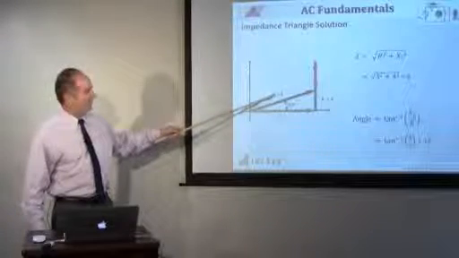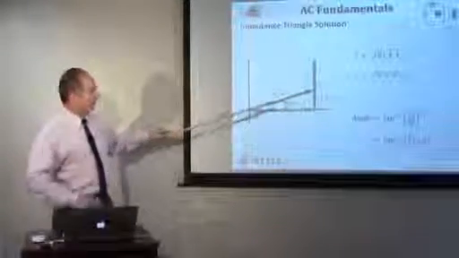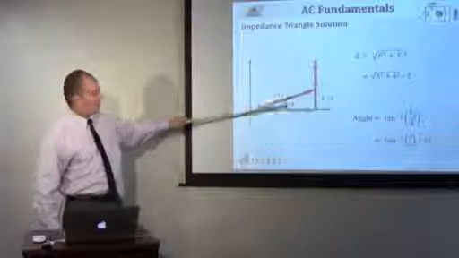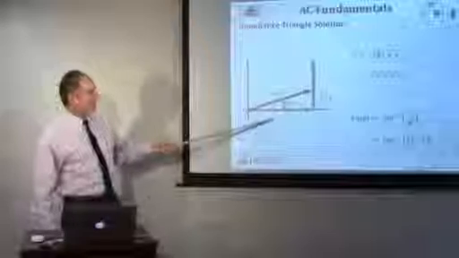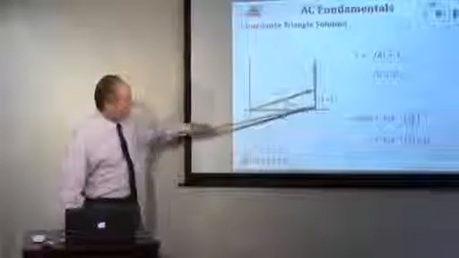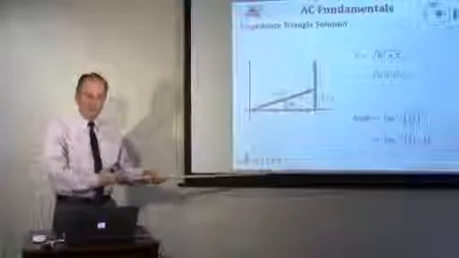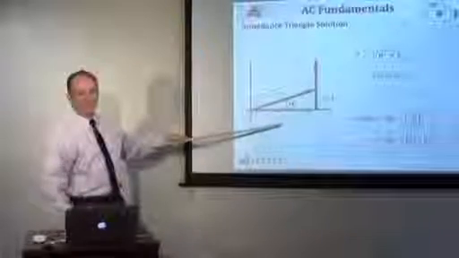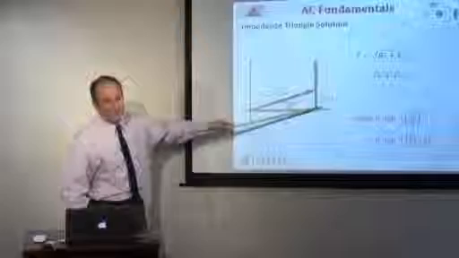That's the impedance. Overall, now you can describe the impedance two ways. You can say it's a magnitude of 5 with a 53-degree angle, or you could say it's R equals 3 and X equals 4. So you can do the coordinate system, saying it's x equals 3 and y equals 4.